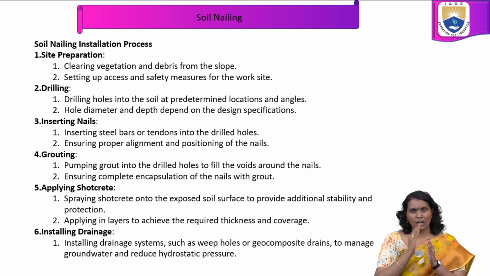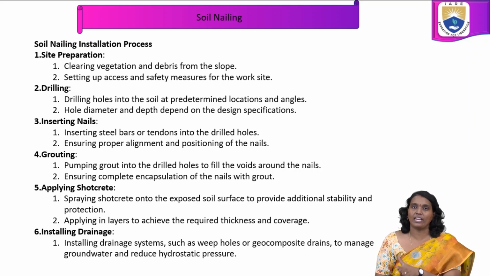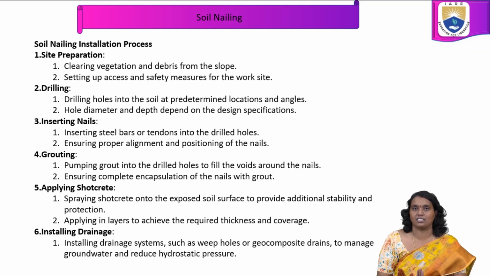After the drilling, the next step is inserting the nails: inserting steel bars or tendons into the drilled holes. As per the predetermined locations, we did the drilling. After that we insert the steel bars, ensuring proper alignment and positioning of the nails as per the design specifications.